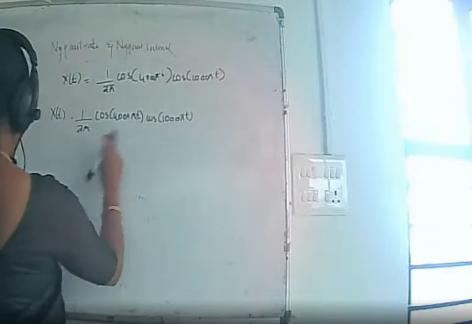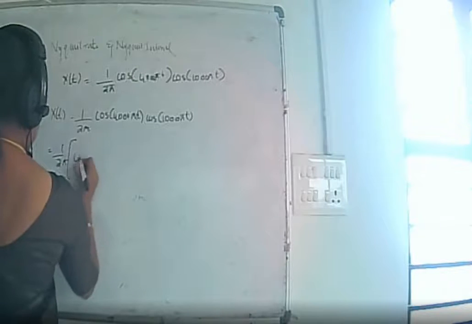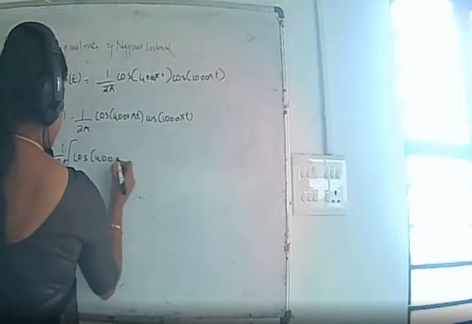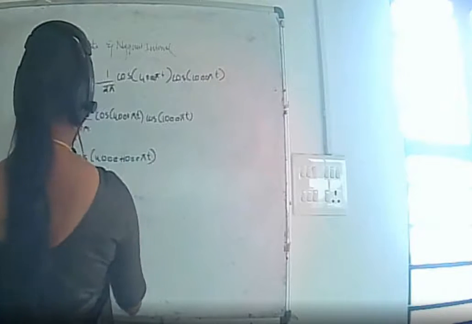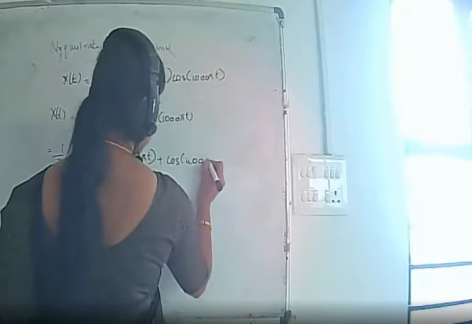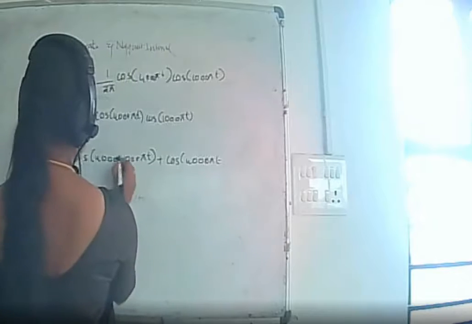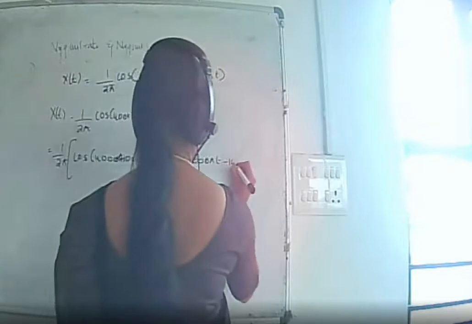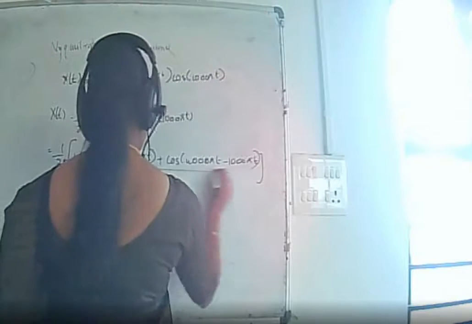So using the cos A cos B formula, 1 by 2 pi into 1 by 2 of cos of (4000 plus 1000) pi t plus cos of (4000 minus 1000) pi t.